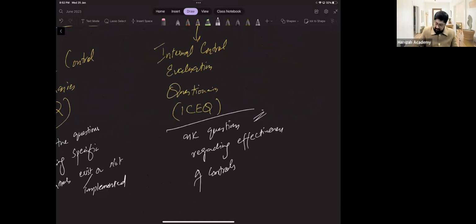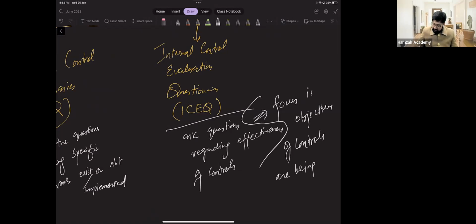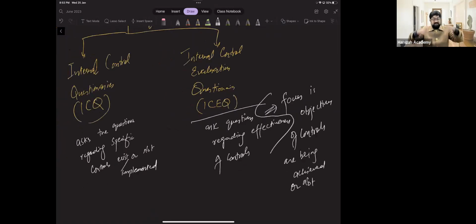So their focus is whether the objectives of controls are being achieved or not. Objectives. So let us proceed further.